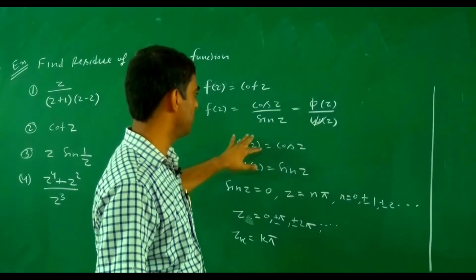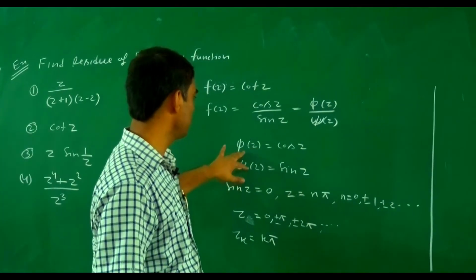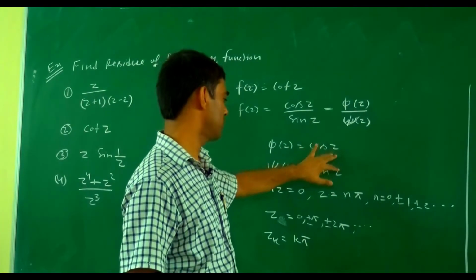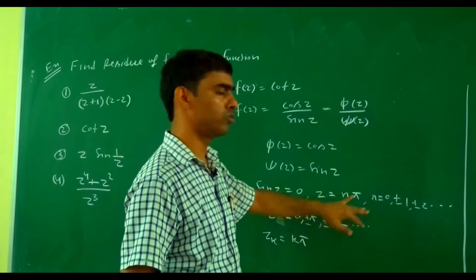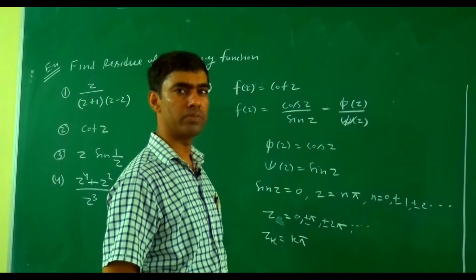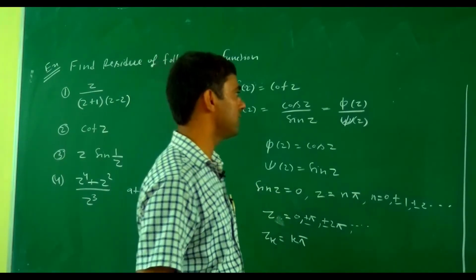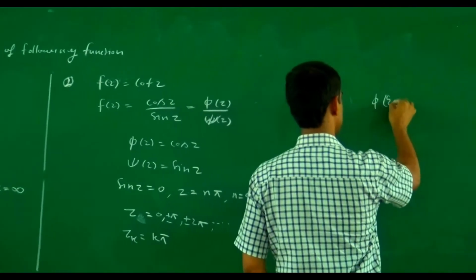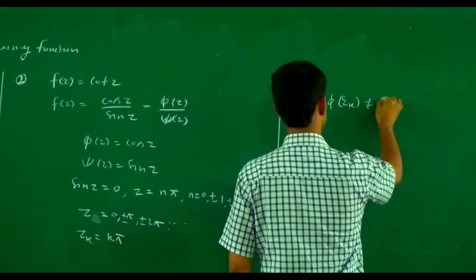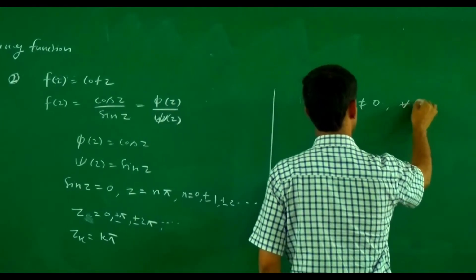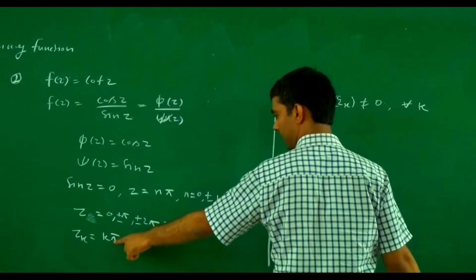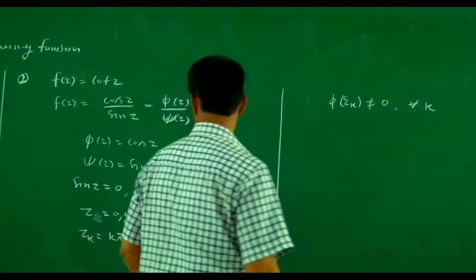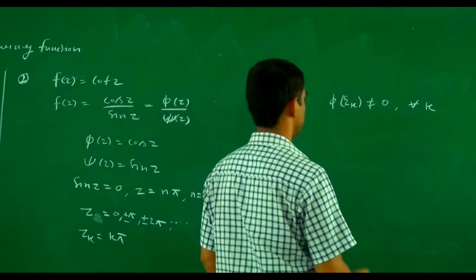As previously discussed, what is the value of phi(z_0)? Cos 0, cos pi, cos 2 pi, cos 3 pi do not equal 0. So phi(z_k) does not equal 0 for all k, where k is 0, 1, 2, 3 up to infinity.